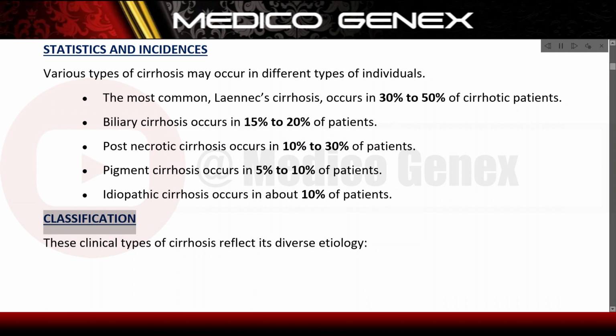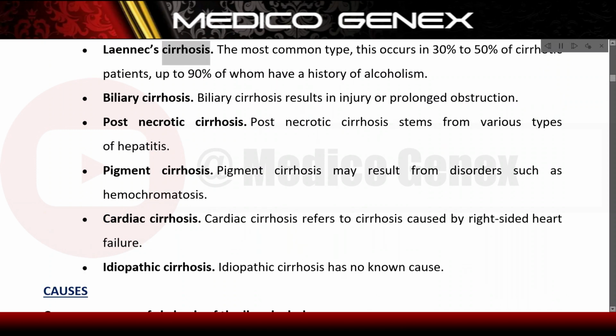Classification. These clinical types of cirrhosis reflect its diverse etiology. Laennec cirrhosis. The most common type, this occurs in 30% to 50% of cirrhotic patients, up to 90% of whom have a history of alcoholism. Biliary cirrhosis. Biliary cirrhosis results in injury or prolonged obstruction.